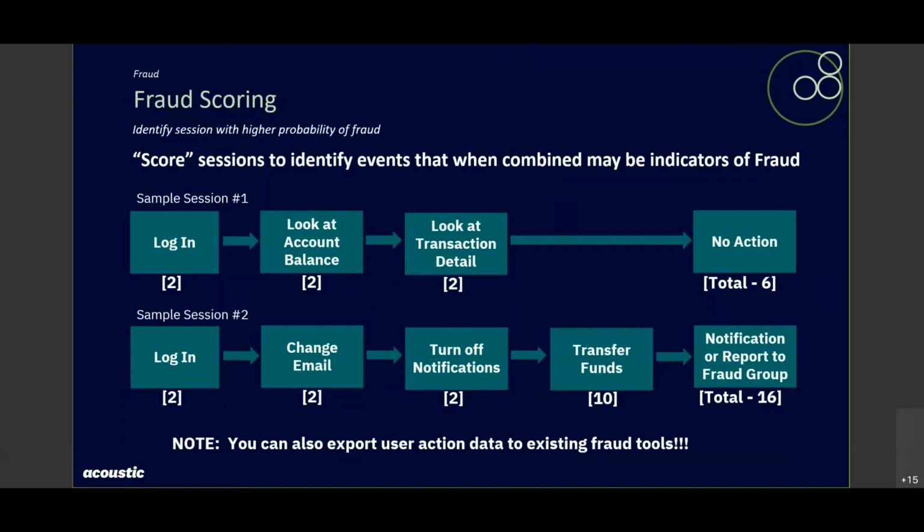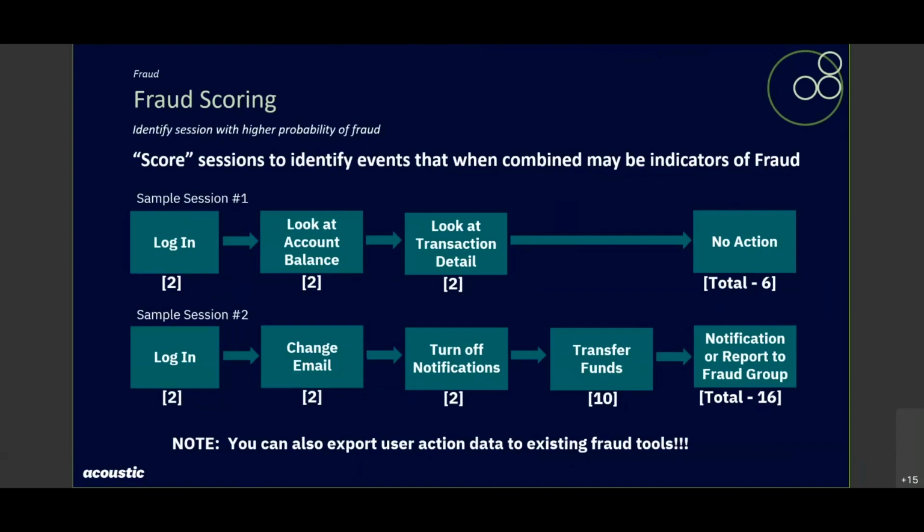But we don't want to have the fraud team weed through millions and millions of sessions. You want to highlight the ones that have the most potential. So we have the ability to score individual actions. In this case, the user logs in, looks at account balance, looks at transaction detail, and goes away. Highly unlikely there's fraud related to that. But the user logs in, changes an email, turns off notifications, say on bill pays or funds transfer, and then tries to move money out of the bank.